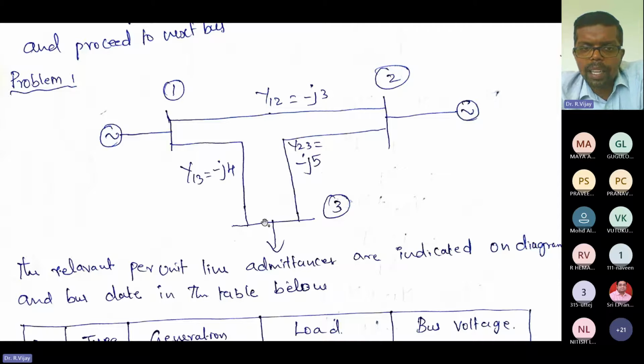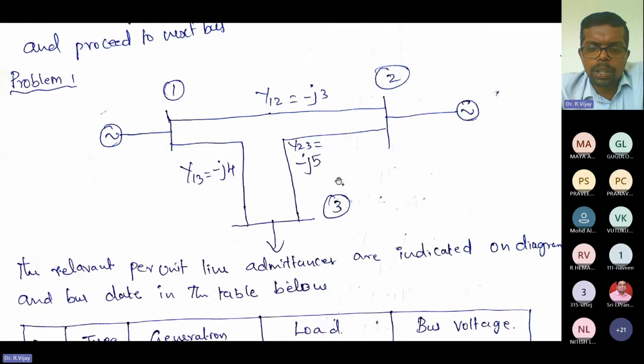Similarly, Y33, what is here? You need to add these two elements, that is minus 4J minus 5J. So that is Y33. And here Y12 values are also given. Y12 is equal to minus 3J, Y13 is equal to minus 4J, Y23 is equal to minus 5J.